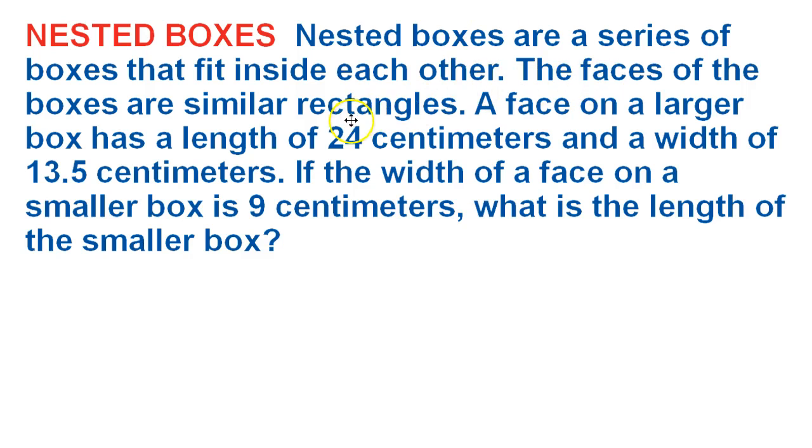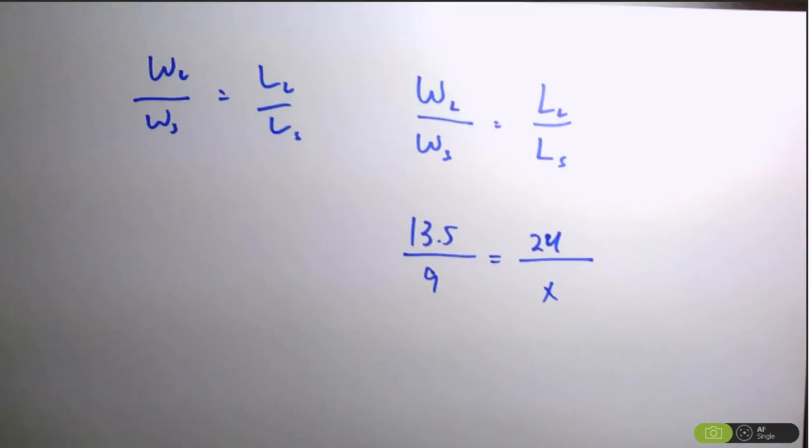That tells us here that the width of the larger is 13.5 centimeters. The width in the smaller one is 9 centimeters. The length of the larger one is 24 centimeters. We don't know the length of the smaller box. That's what we're looking for. So this is the proportion we've got set up.